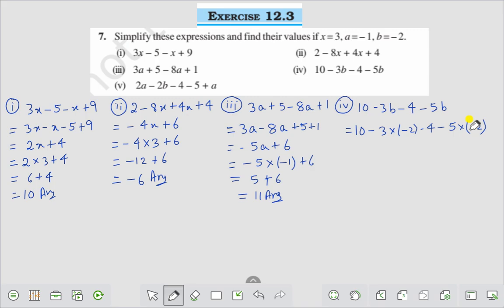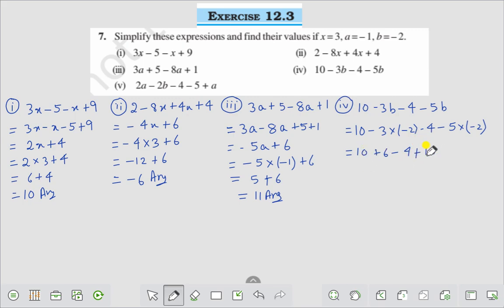Therefore it will be 10, minus into minus is plus, plus 6, minus 4, minus into minus is plus 10.